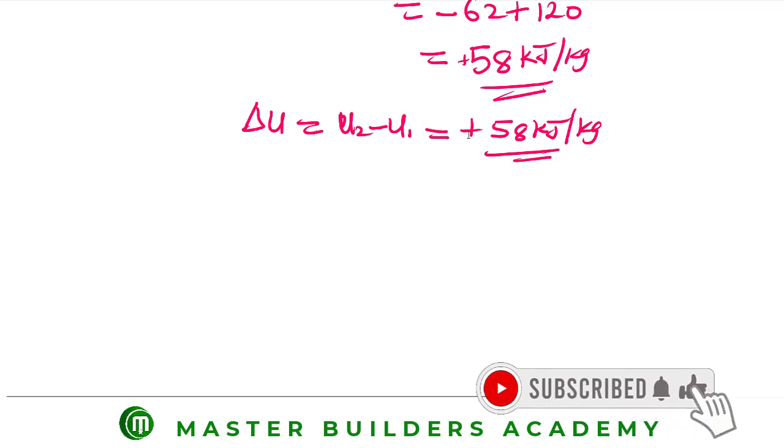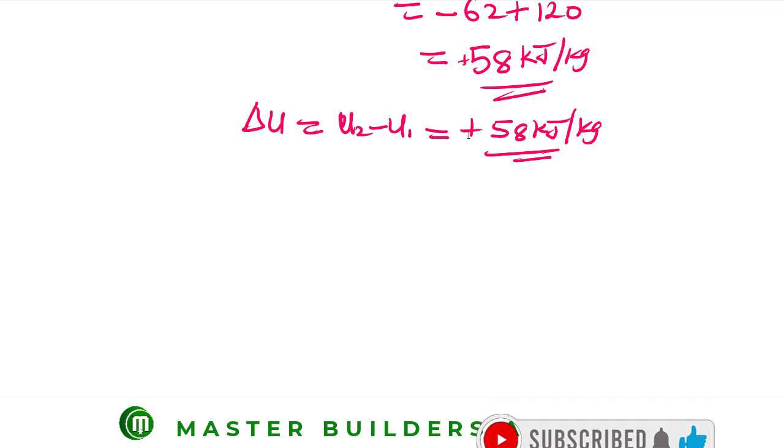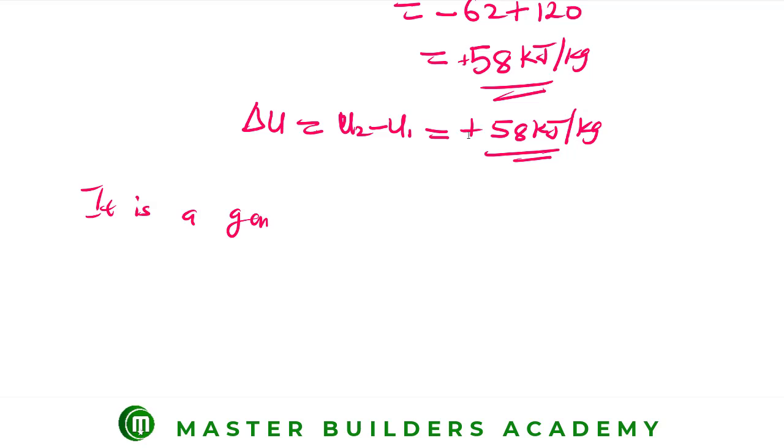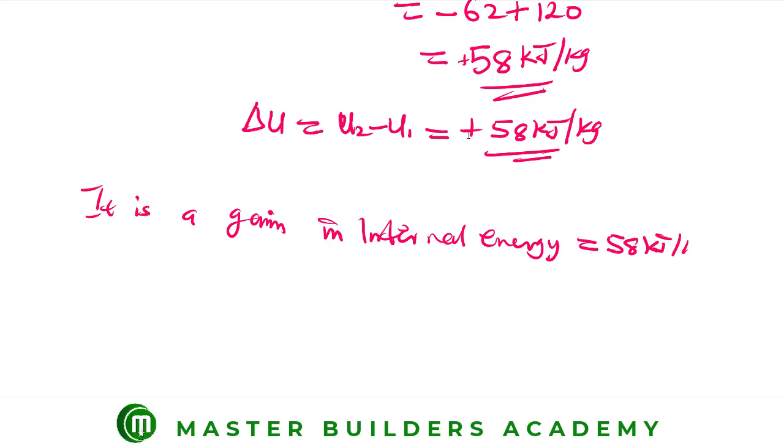So therefore, because the value we have here now is positive, it shows that it is a gain in internal energy. So this becomes 58 kilojoule per kilogram.